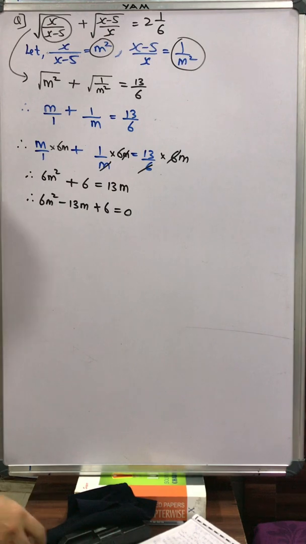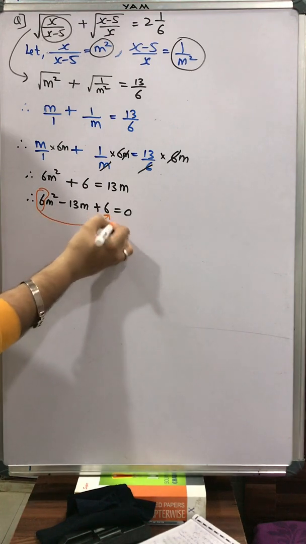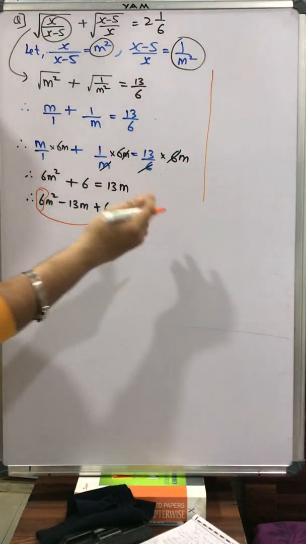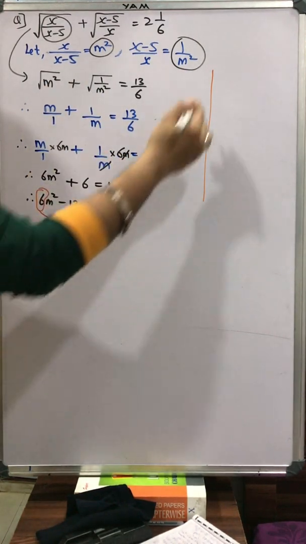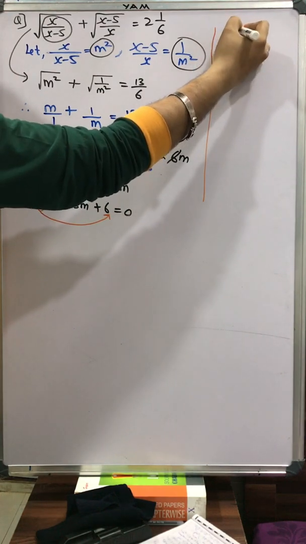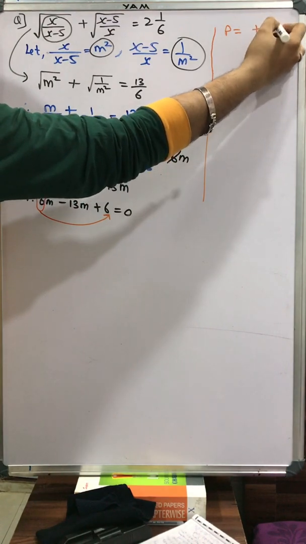Once again, students, can I say here m square के आगे I have 6, this 6 will be multiplied with this 6. 6 6 is 36. That means I want ऐसे दो numbers that if I multiply those two numbers, I should get the product as 6 6 are 36, which is plus 36.